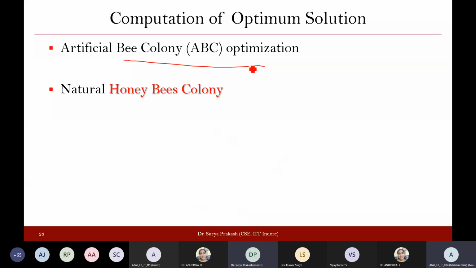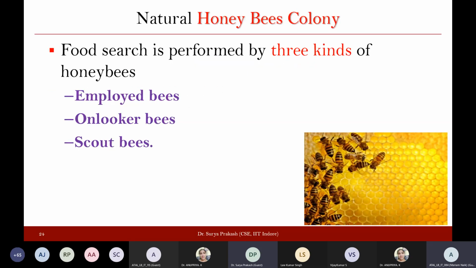So let us see now the optimization, and here we are going to see the artificial bee colony, which is based on natural honeybee colonies. Let us first see very briefly what we have in the natural honeybee colony, and then based on that we'll formulate the ABC.